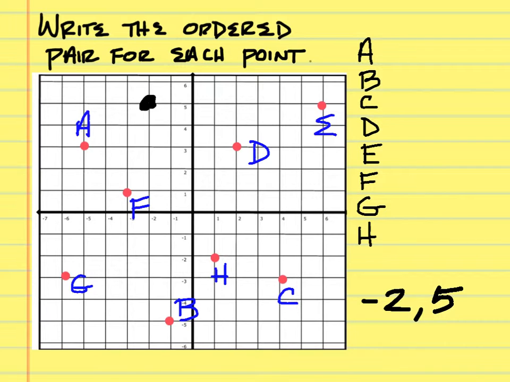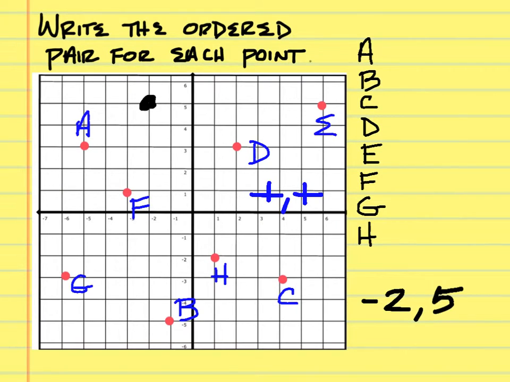Always start in the origin, and then go left or right to make yourself even with the point, and then from there count how many you have to go up. Now if I have to go down, the number is going to be negative. If I go up, it's positive. If I go to the right, it's positive. To the left, it's negative. So you should keep in mind that for the first quadrant, you're going to have positive, positive for a point.